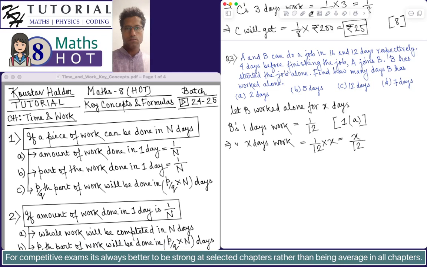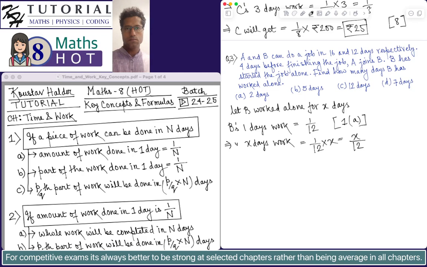If B's 1 day's work is 1 by 12, then B's X days work will be X multiplied by 1 by 12, which is X by 12. Okay, so this amount of work, X by 12, was done by B alone.